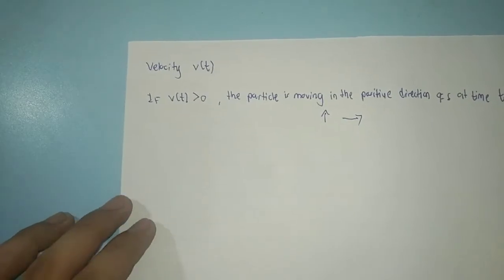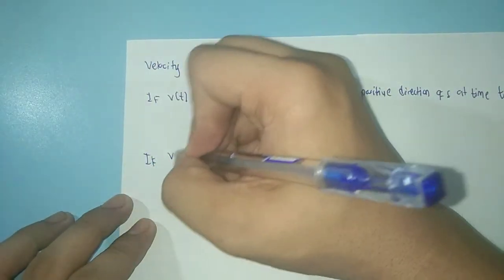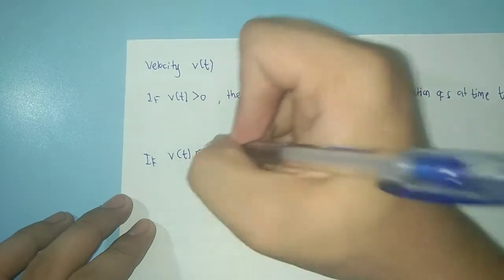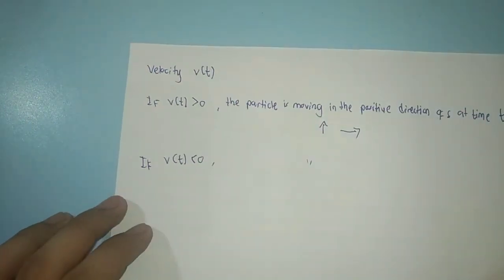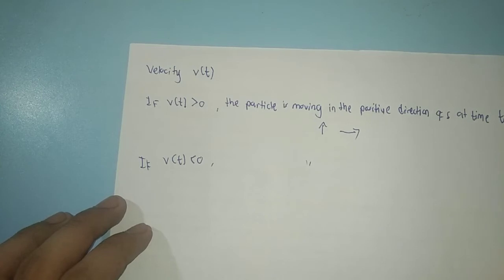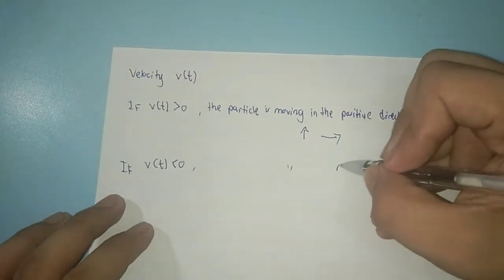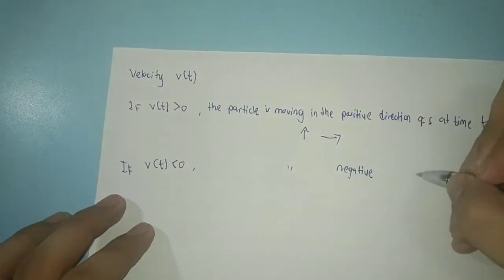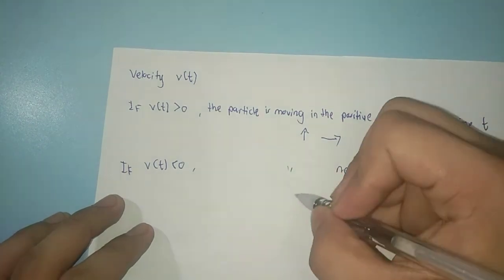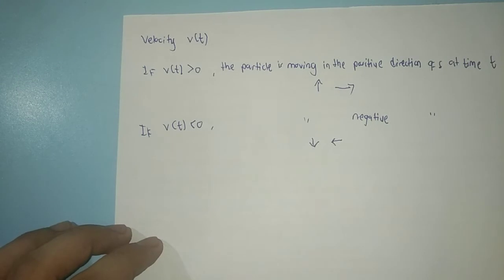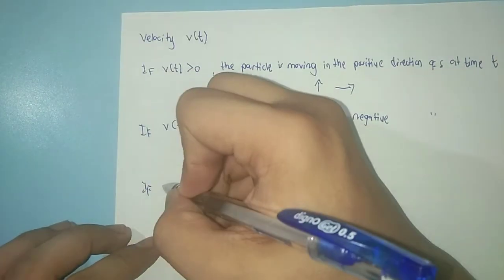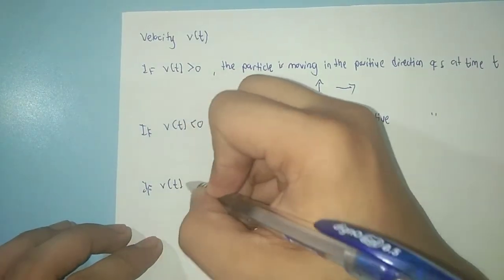Now, kapag naman yung velocity natin ay negative, ibig sabihin yan, yung particle nagmo-move naman siya sa negative direction of s at time t. So, usually, downward yan or to the left. Now, how about if the velocity is equal to 0?